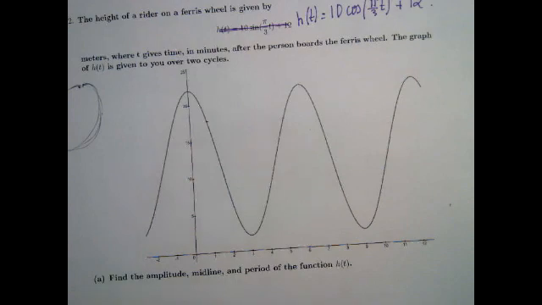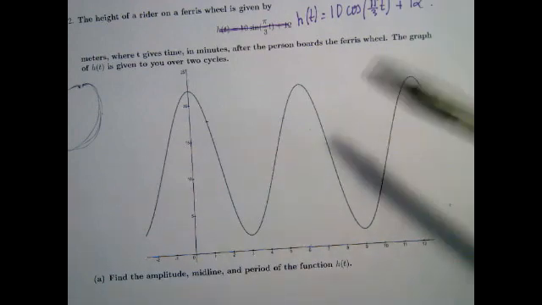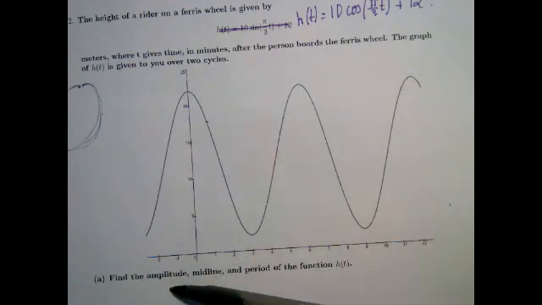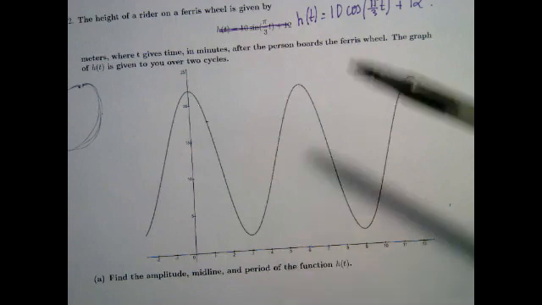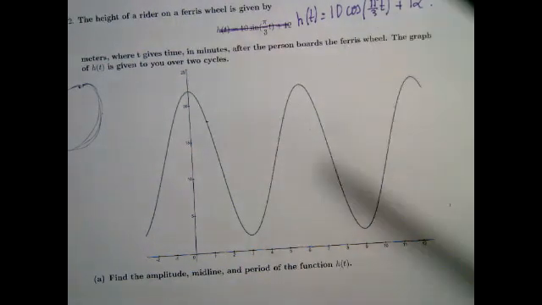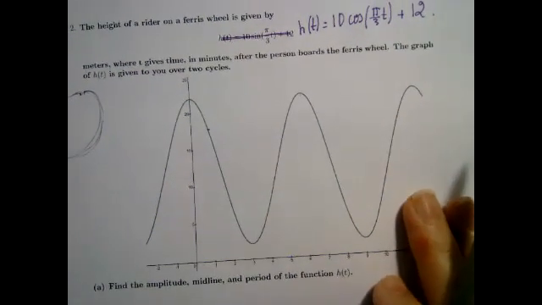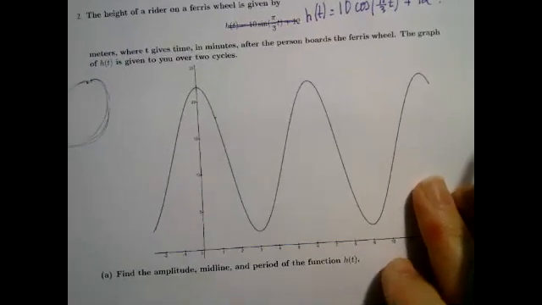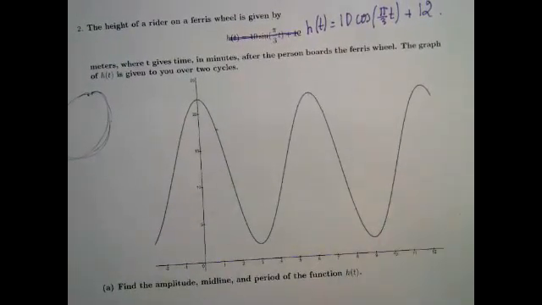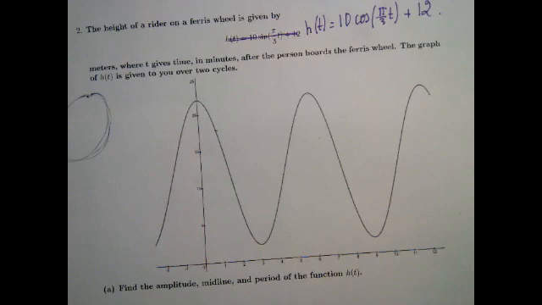Okay. So I'll give you a minute to figure out the amplitude, the midline, and the period. And that's really in the formula given to you. Once you've found them, you put them down for me and I will check them out.